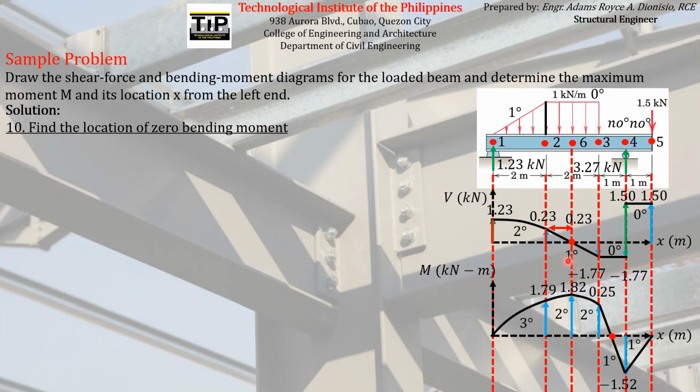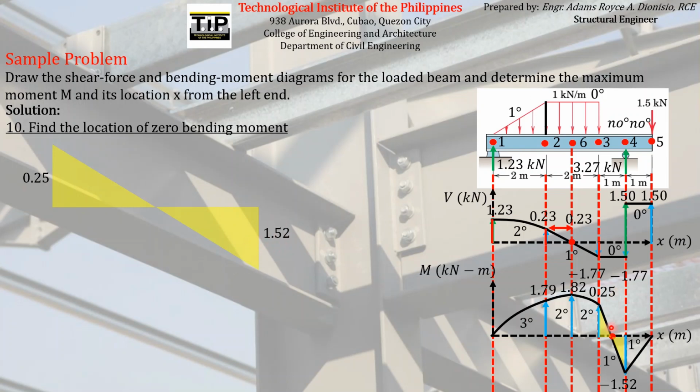Same method of what we did on the shear force diagram. We will have two triangles there. We just zoom in on them here. And the dimensions are this, which is 0.25, and this has a dimension of 1.52.